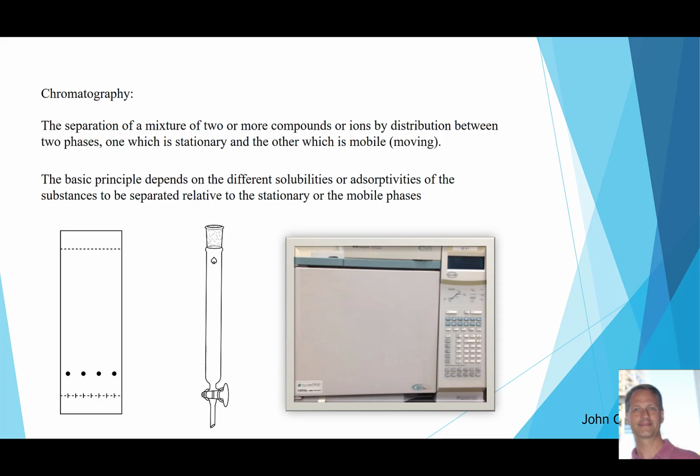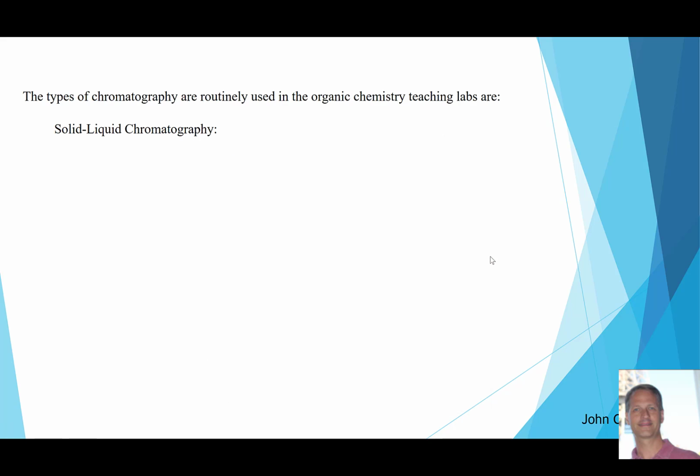Looking down below here, we see a TLC plate, thin layer chromatography. We see a column for column chromatography, and this is a GC, or a gas chromatography instrument. And we're going to talk about all three of those. The types of chromatography that are routinely used, again, are solid-liquid chromatography.